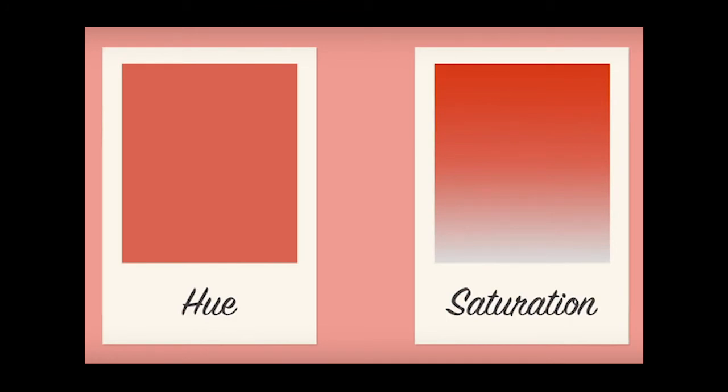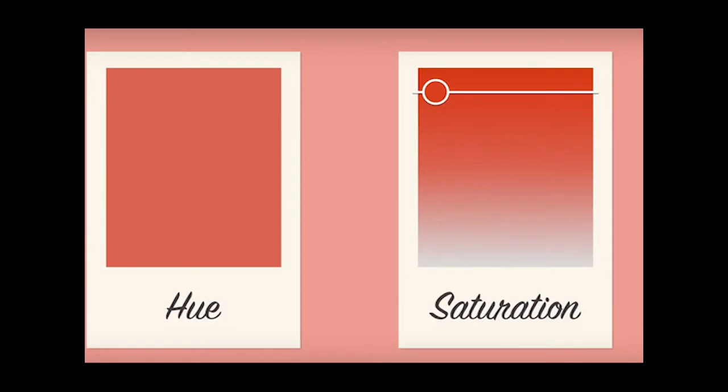So if we look at that image on the right and we look at the top of that box, we can see that the top of that box is a bright, intense red. It is typically what you think of when you think of the color red being in perhaps a box of crayons.